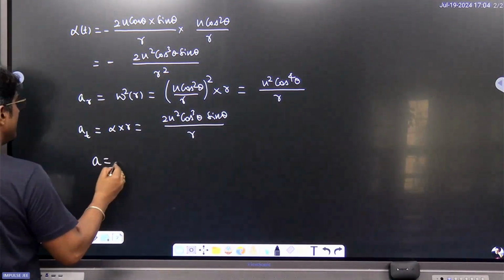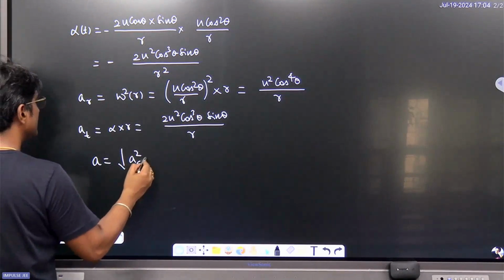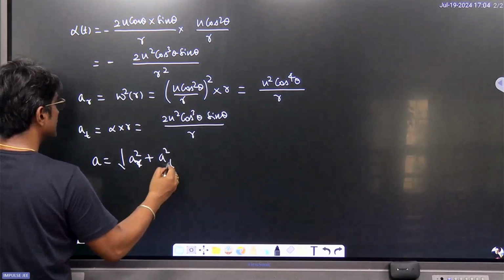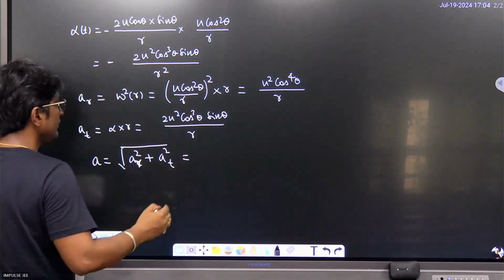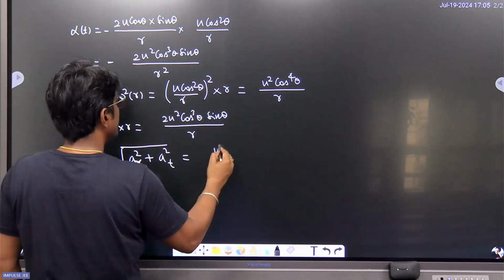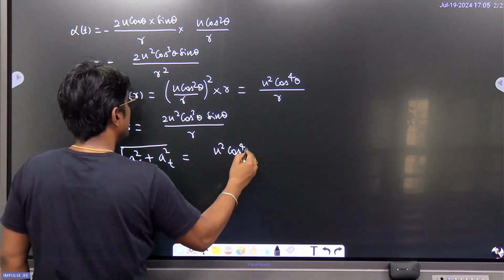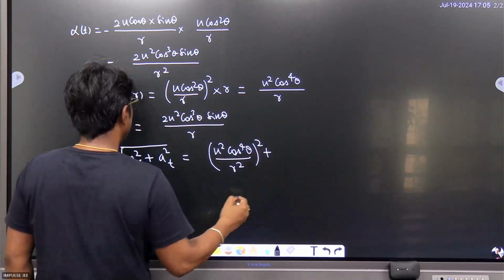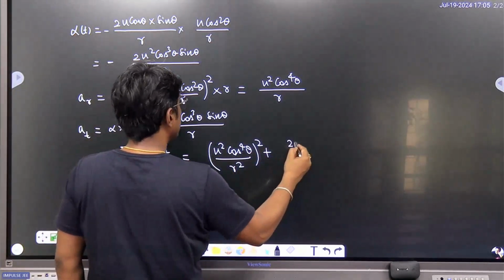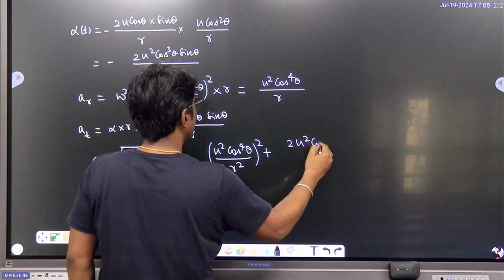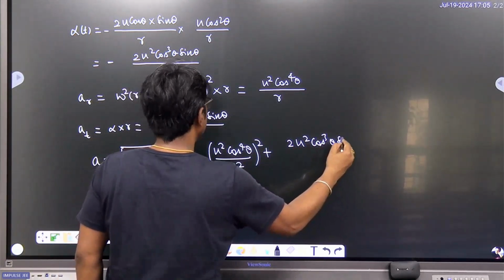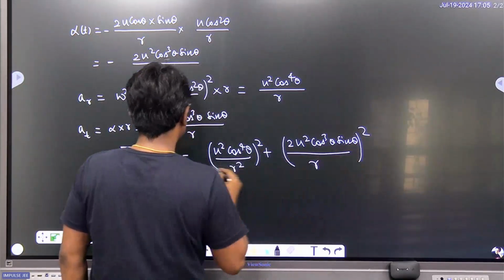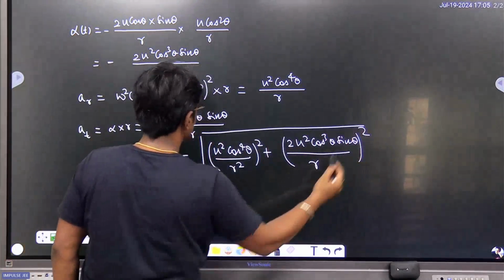So net acceleration A at this instant can be written as square root of a r square plus a t square. So this is u square cos 4 theta by r, whole square, plus 2u square cos cube theta sin theta by r, whole square, under the square root.